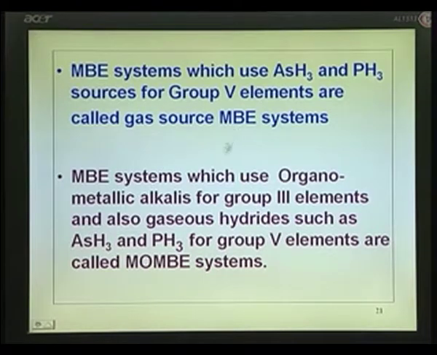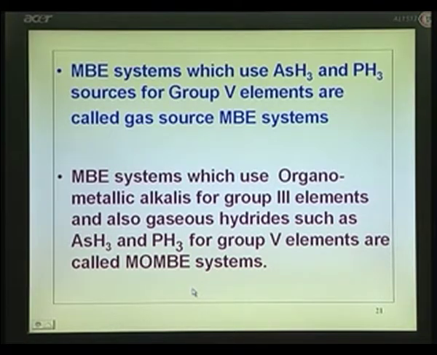GS MBE. But later you have got MBE systems which are called MOMBE, metal organic MBE, which means it is an MBE system in which the elements are obtained both for third group and fifth group using gases or vapors. For example, organometallic alkyls for group 3 elements, and also gaseous hydrides such as arsine, phosphine, etc., for group 5 elements.